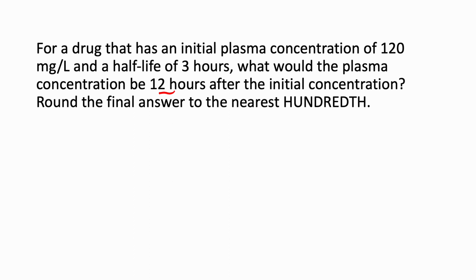Assume that the drug follows first order kinetics, then you have Cp(t) predicted equal to Cp0 exponential minus kt. And here you look for Cp12, that means 12 hours after the initial concentration.